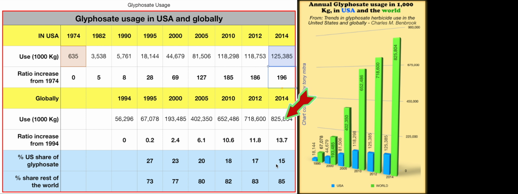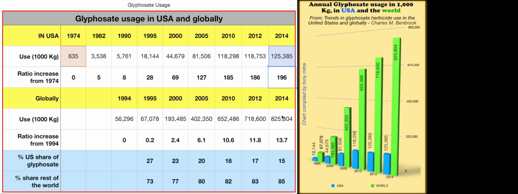And that too can be found from this ratio increase, that it has gone up from 1995, in a matter of 20 years and not 40 years, almost 14-fold or 1400%.